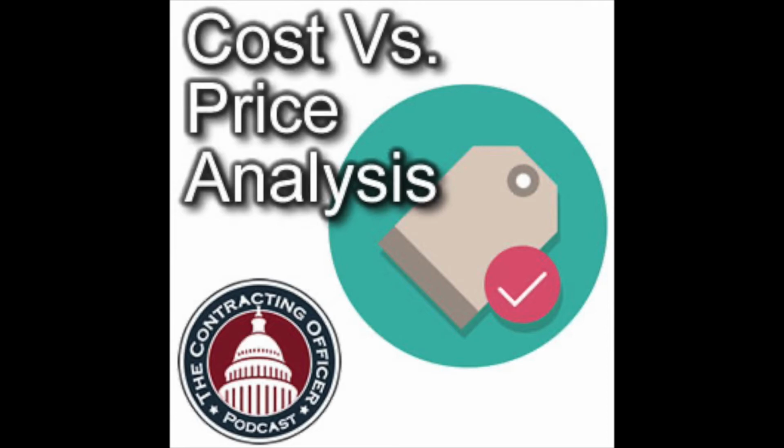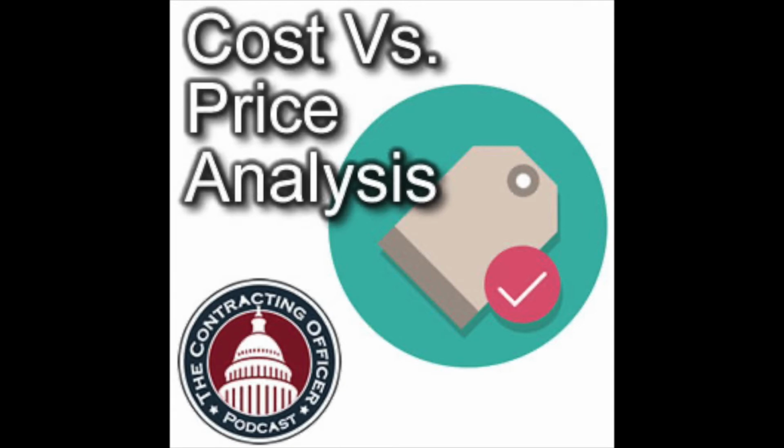Before we get off this, I have to say, the FAR foot stomps this for us. It says the first two techniques are the preferred techniques, meaning comparison of proposed prices received in response to a competitive solicitation, which is that adequate price competition establishes a fair and reasonable price.